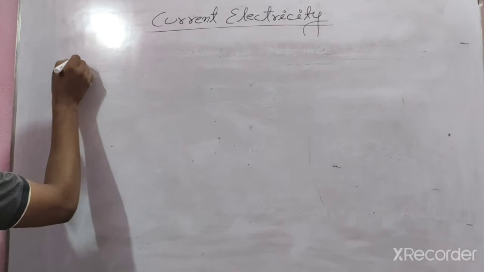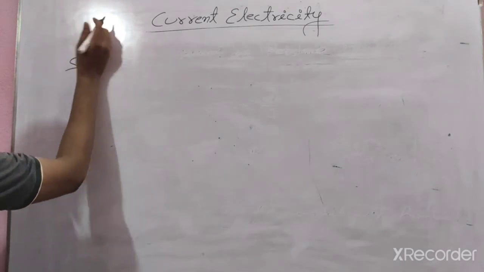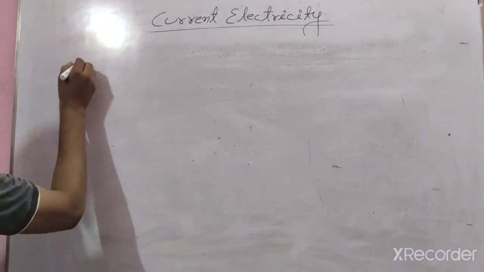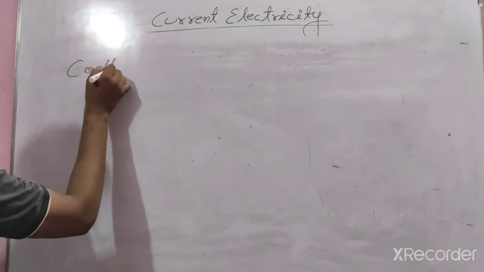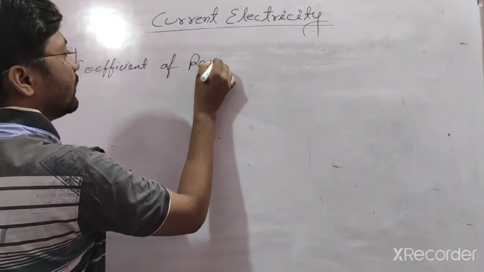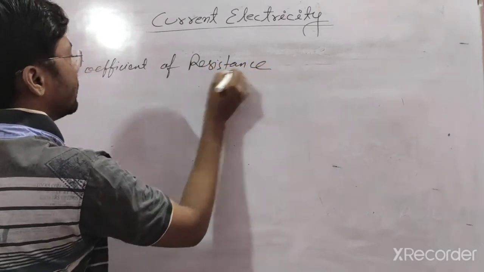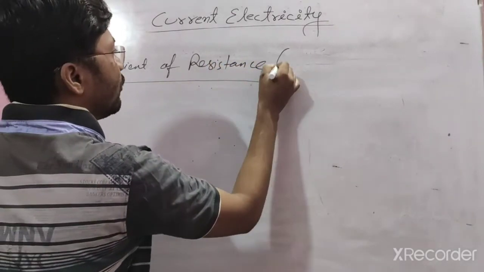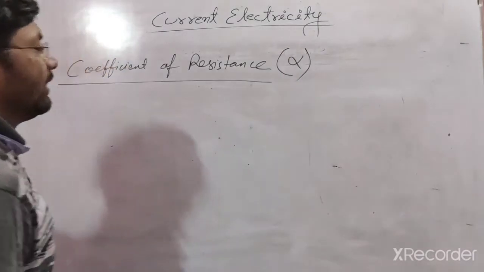Now students, there is a topic, coefficient of resistance. We write the coefficient of resistance as alpha.